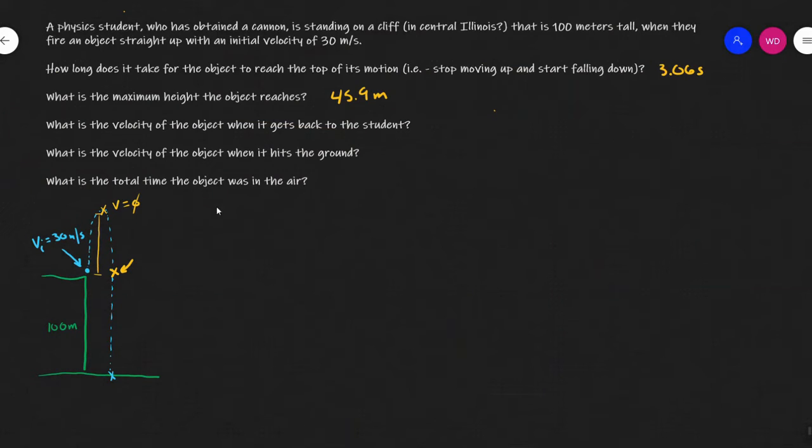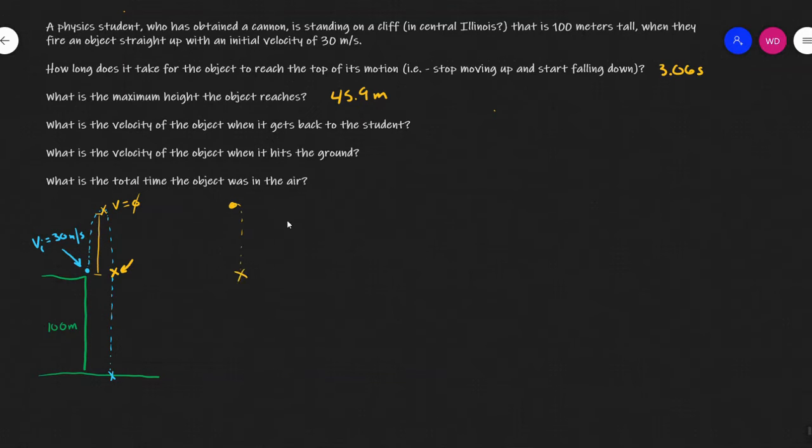One is, since we know that it takes 3.06 seconds to get to the top, it's going to take 3.06 seconds to get back from the top down to here. So we could solve this as a different problem, looking at its motion from the top back down.